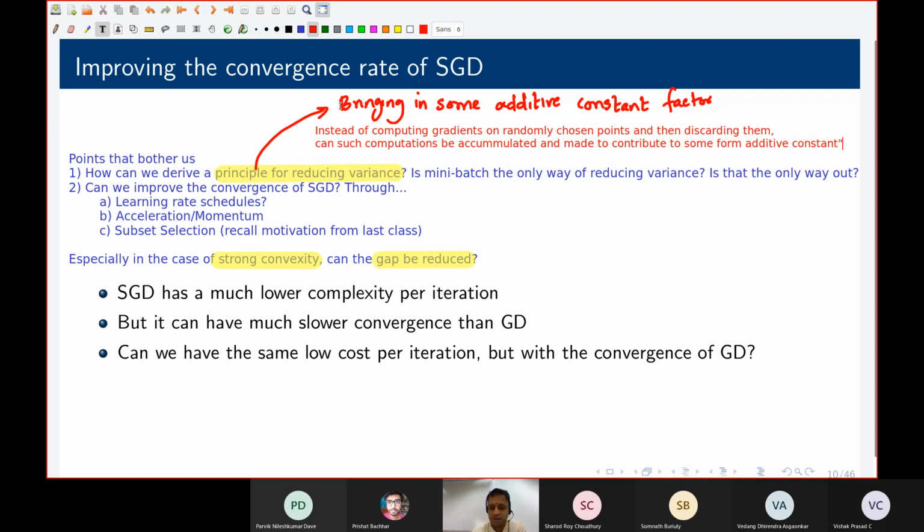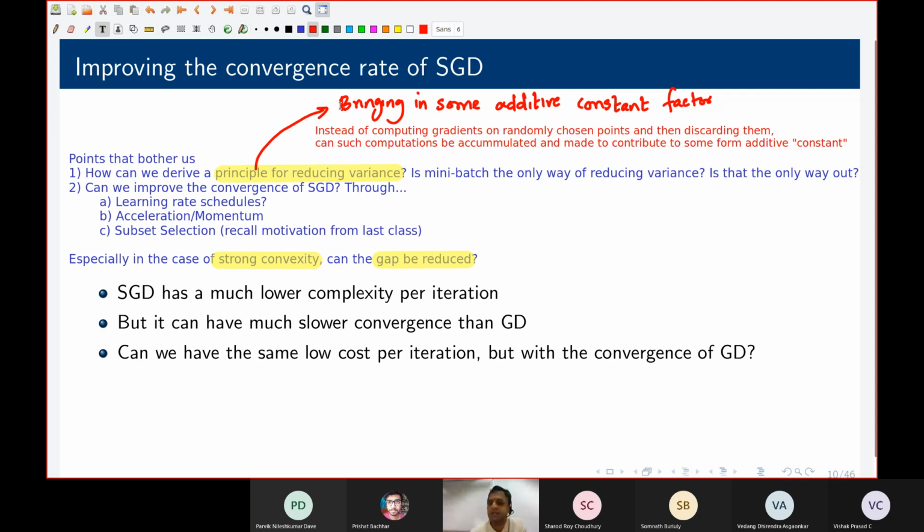I mean, it's constant I'm using within quotes. It's not really constant. It's going to change, but it's basically pulling back things. I don't expect the gradient at the same point to change too much across iterations, right? So whether I use the gradient of the point from the previous iteration or 10 iterations back, it probably may not make a big difference.